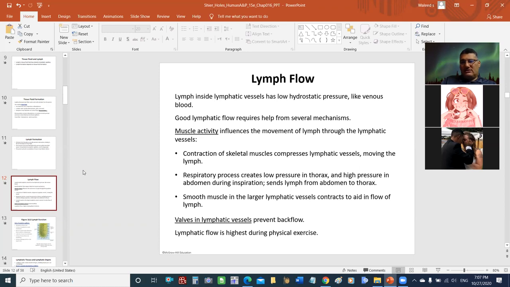Same thing in the lymphatics. Just to make it easy, same three help venous drainage, and the same thing for the lymphatics. So you do have valves, muscular activity, and the negative intrathoracic pressure. Okay?